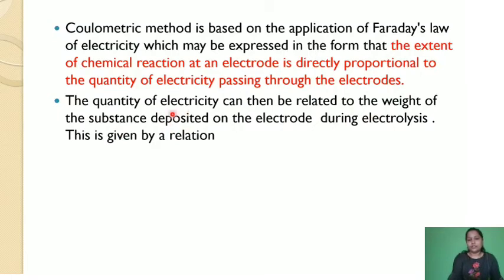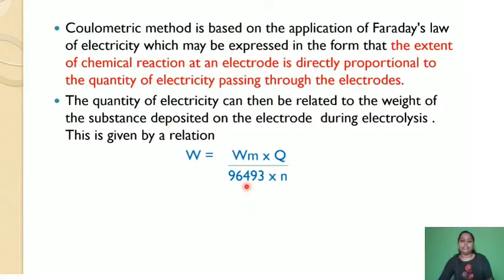Therefore Q is related to the weight of the substance deposited on the electrode during the electrolysis, and it is given by the relation W is equal to Wm into Q upon 96,493 into n. This is the relationship between the quantity of electricity and the weight of the substance deposited at an electrode.